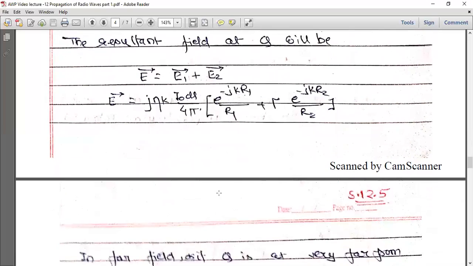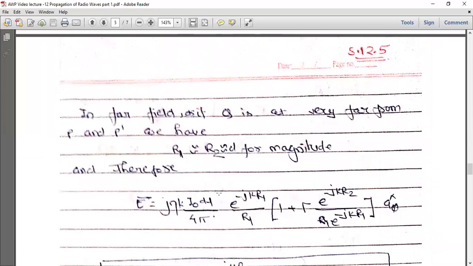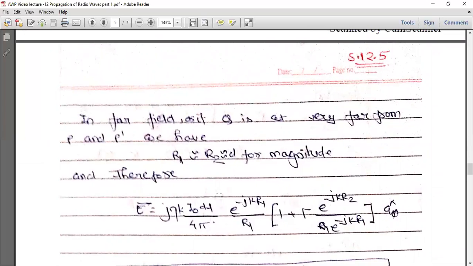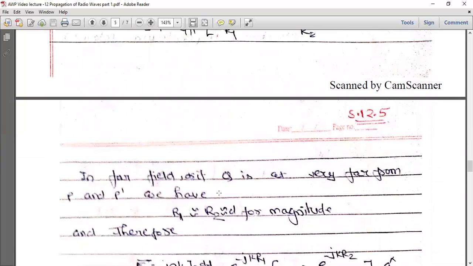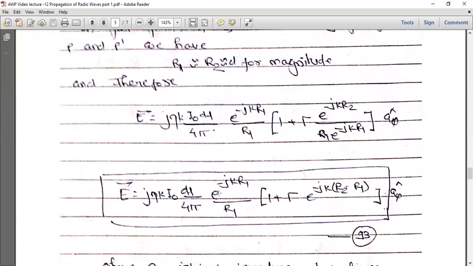If we consider the point Q to be in the very far field, very far away from the transmitting antenna, in that case R1 and R2 are approximately the same, and both of them can be considered approximately equal to D. So E will be given by j eta k I0 dl upon 4 pi.